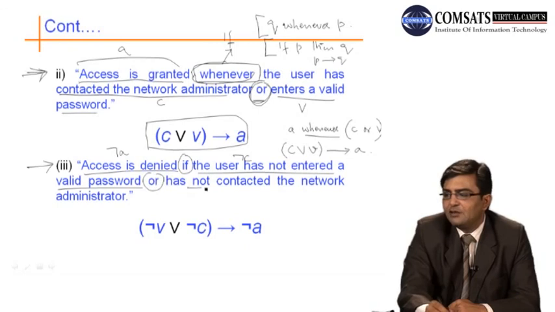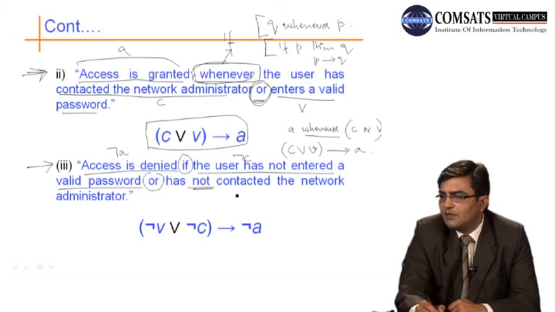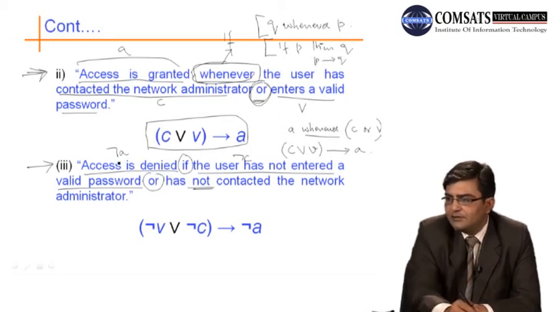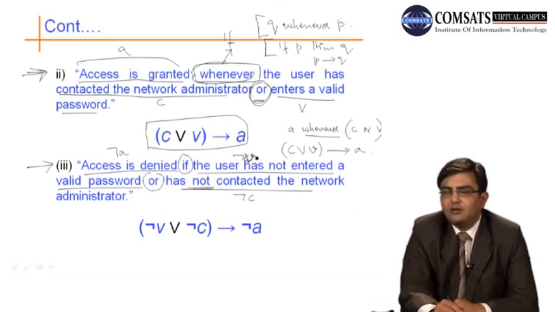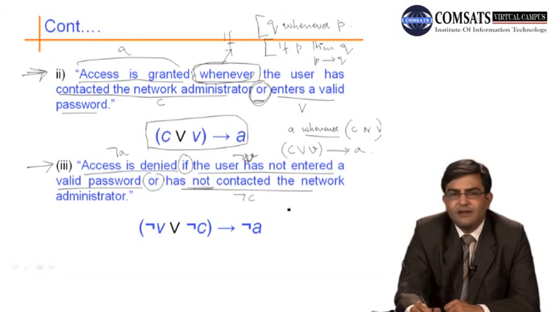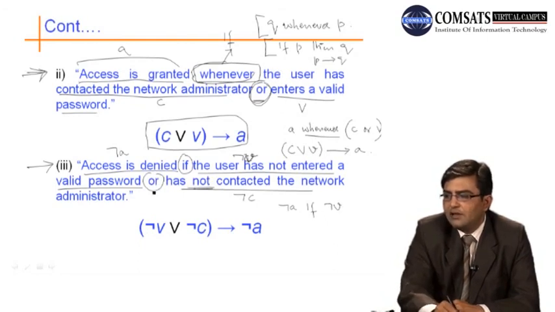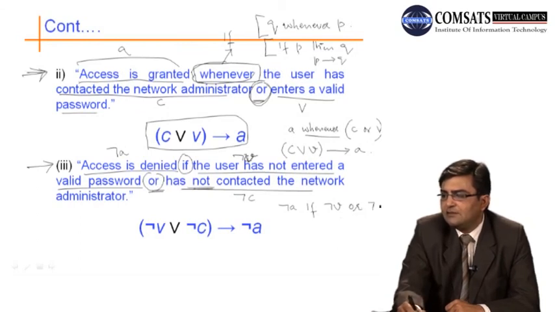Here we have again the negation of a statement, which is the negation of V. So now we write it in simplified form: not A, and we have if, and then not V, and we have or here, and then again not C.